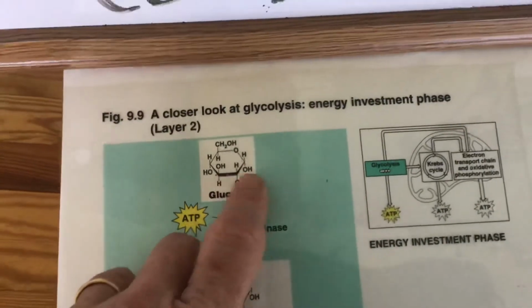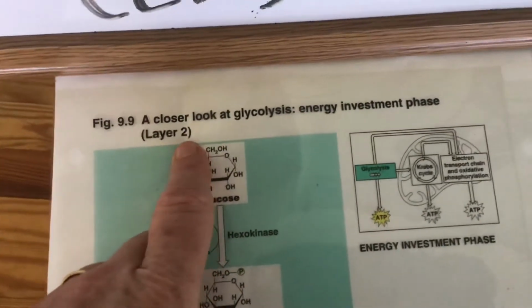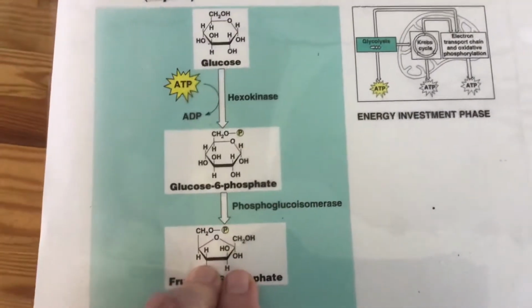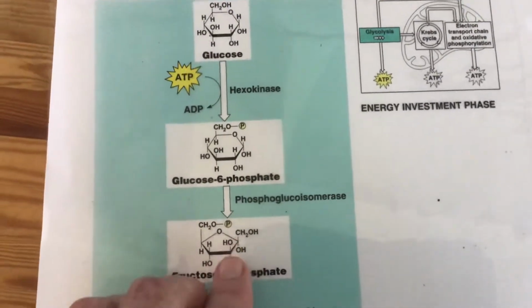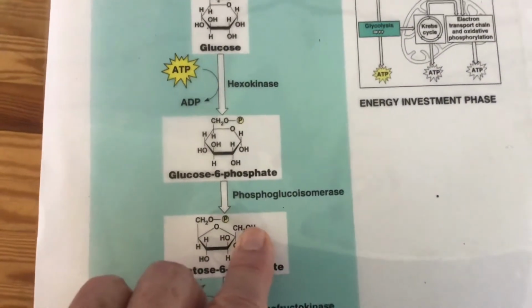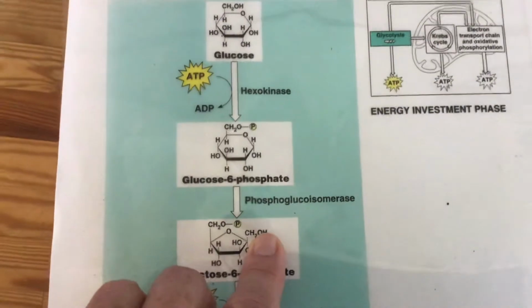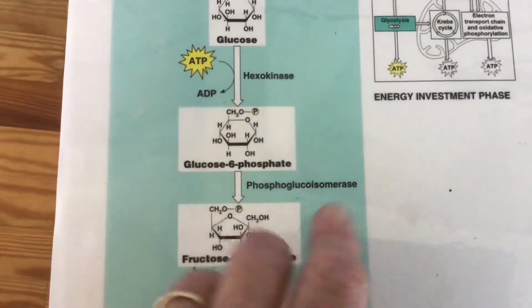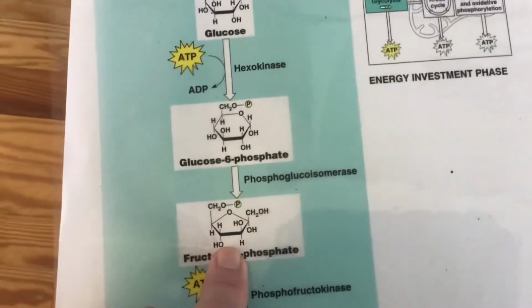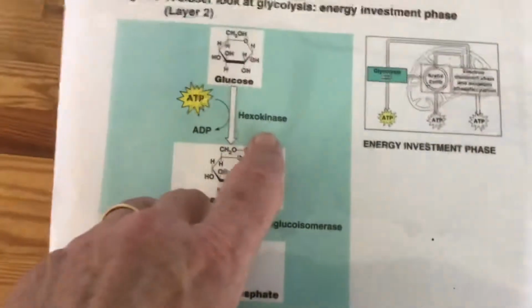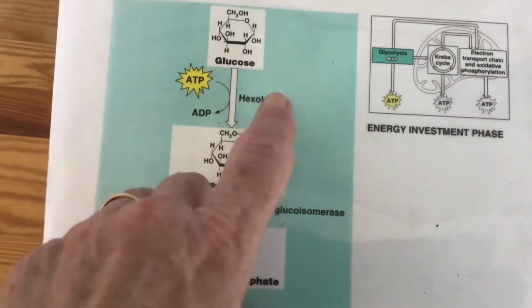If I have 5 in the ring and a 6th one hanging off, what I have to do is make that molecule symmetrical. In other words, I have to have 4 in the ring and 2 hanging off, right? So that's what happens in this step. And notice that there are enzymes for each step, and they end with the suffix -ase, and that's how you know, oftentimes anyway, that it's an enzyme.